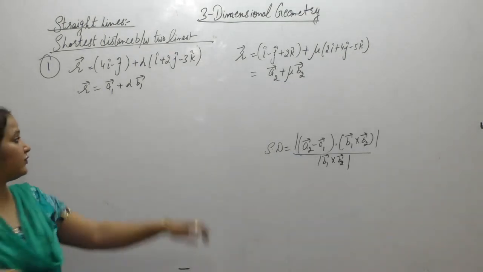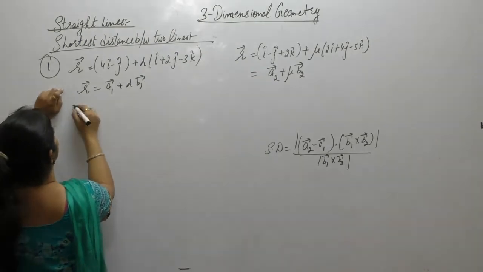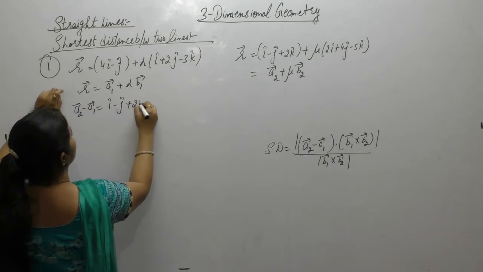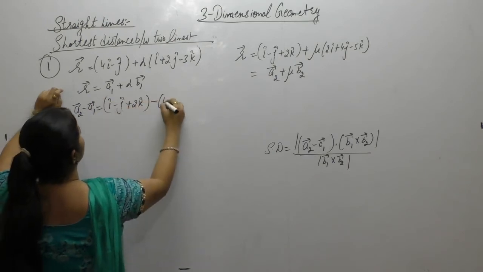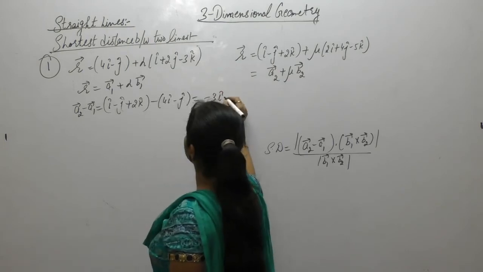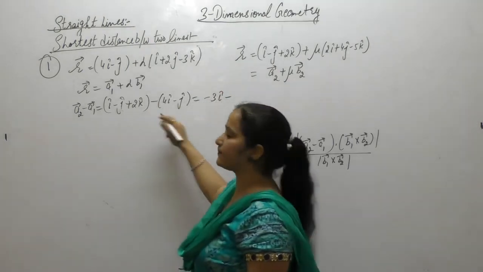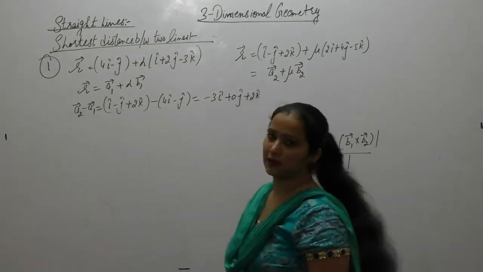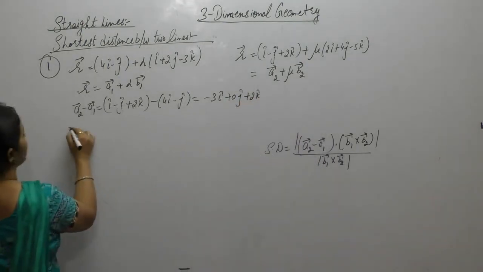Now first we have to find a2 minus a1. a2 vector is i minus j plus 2k minus a1. So 1 minus 4, minus 3 minus, plus 2k. Now find b1 vector cross b2 vector.